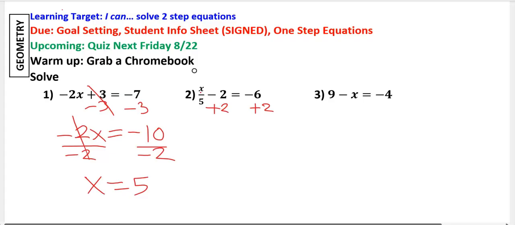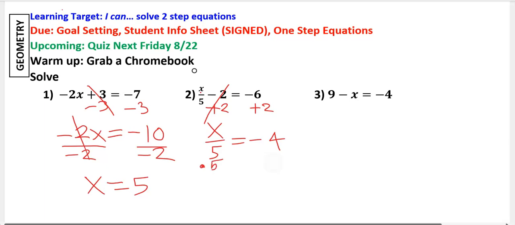So minus 2 and plus 2 cancel out. Bring down that fraction, x over 5. Bring down the equals. What's negative 6 plus 2? If you do not know, Desmos it, but it is negative 4. Now, whenever you have a fraction left over, variable on top, number on the bottom, remember to get rid of a division, the opposite is multiplication.